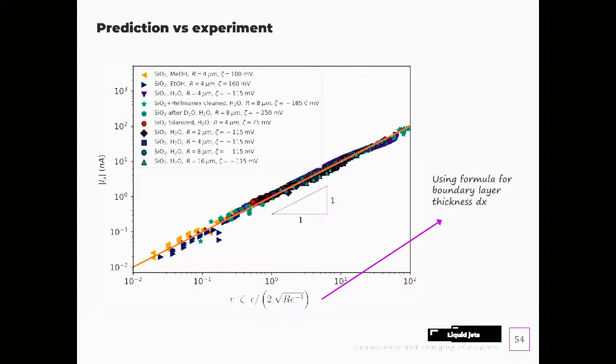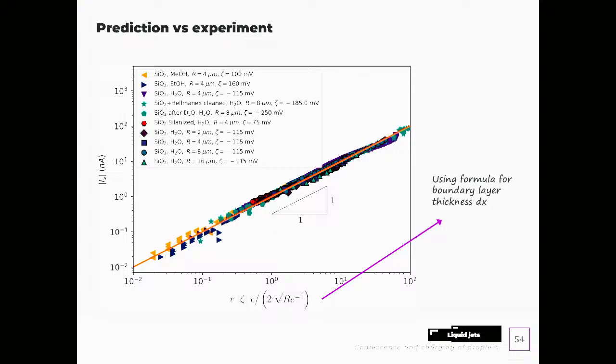And this is a combination of the velocity, the dielectric constant. This is the thickness of this boundary layer that I just explained to you. And this is a thing called the zeta potential, which in colloid chemistry is basically a measure for the amount of charge at the surface.